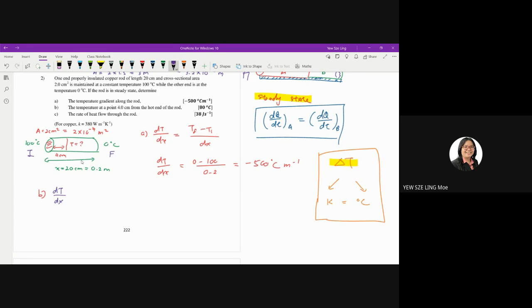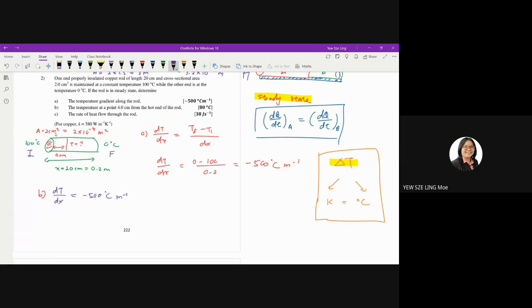You didn't change the size, nothing. Then it will have the same dT over dx. So for question B, the temperature gradient is still equal to negative 500 degrees C m negative 1, because you're looking at the same rod. You're heating it up with the same source of heat. You're not changing anything. So therefore, the temperature gradient is still the same.